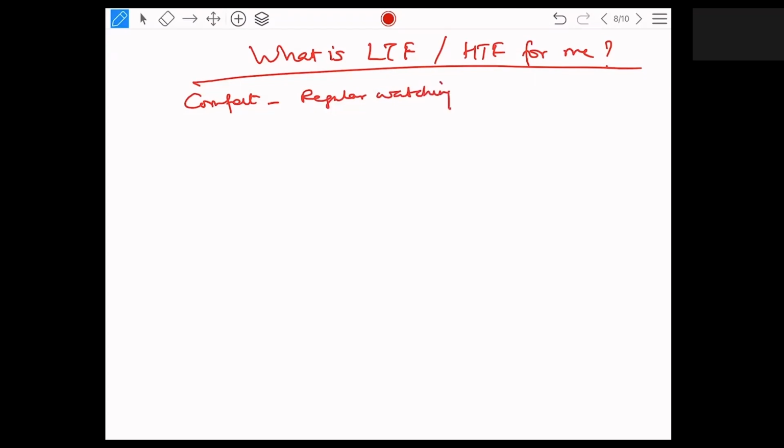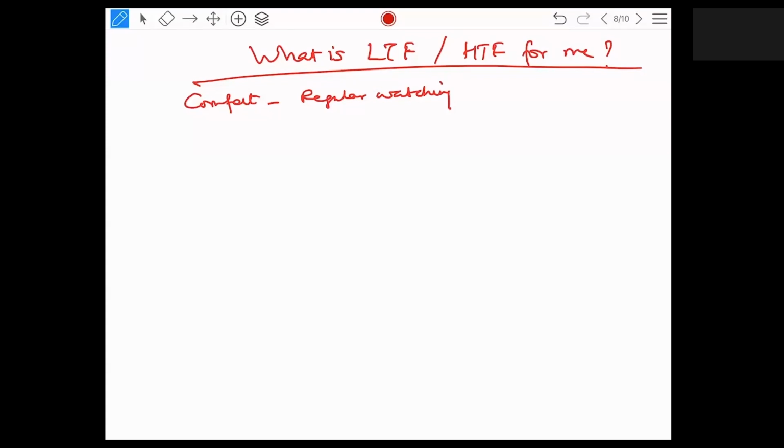Your time frame has to depend upon how regularly you are going to watch. So if you say my time frame is 15 minutes, it means you will look at least once in 15 minutes. If you're a 1 hour trader, there are people who say 1 hour trader.